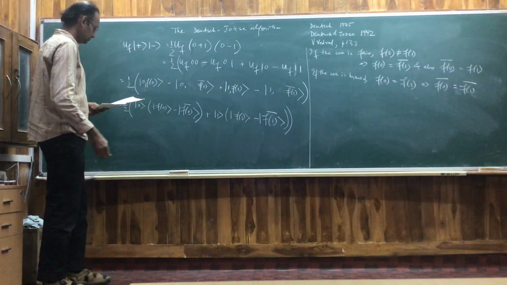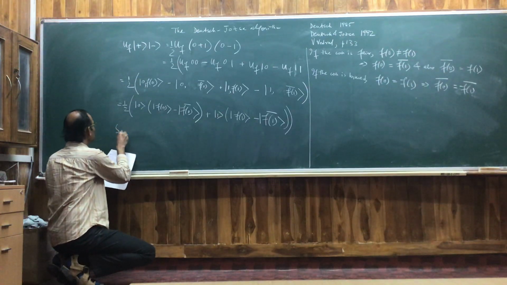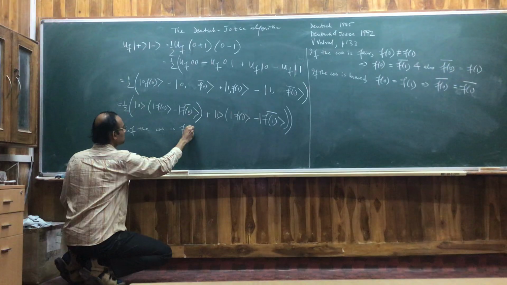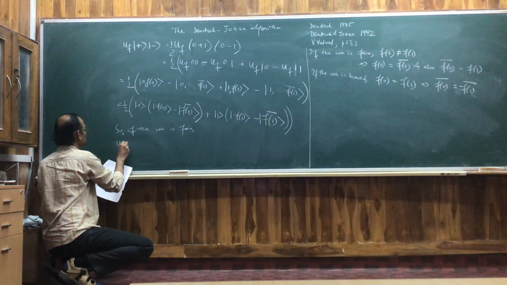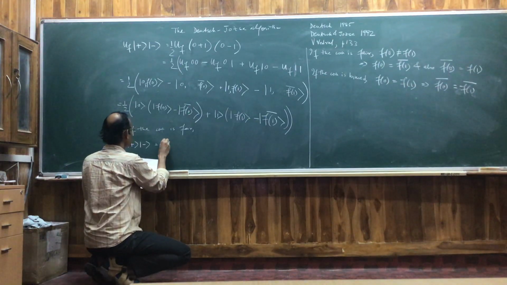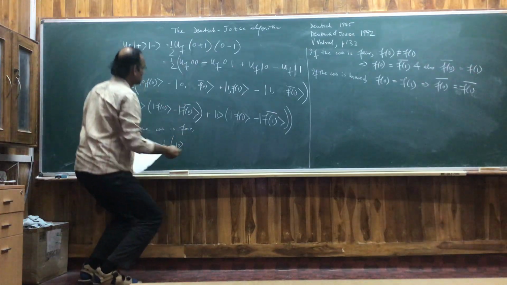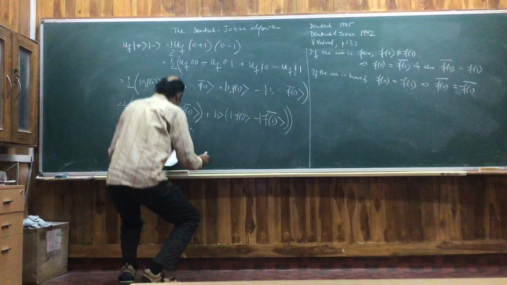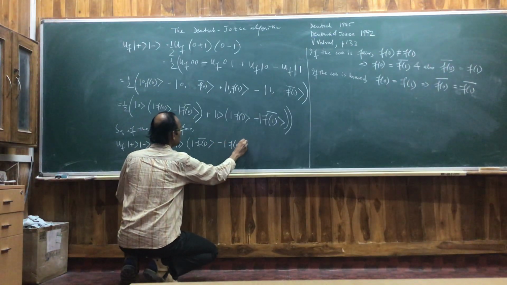Now come here. So, if the coin is fair, the state is, come here, this is 0, and this is F0 minus F0 bar, and this can be written as F1 bar minus F1, yes?